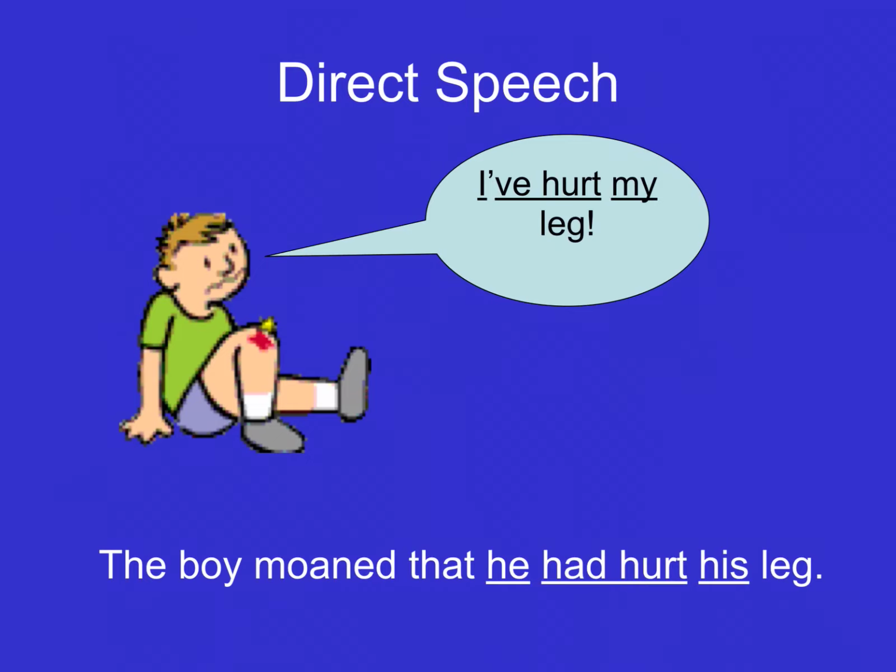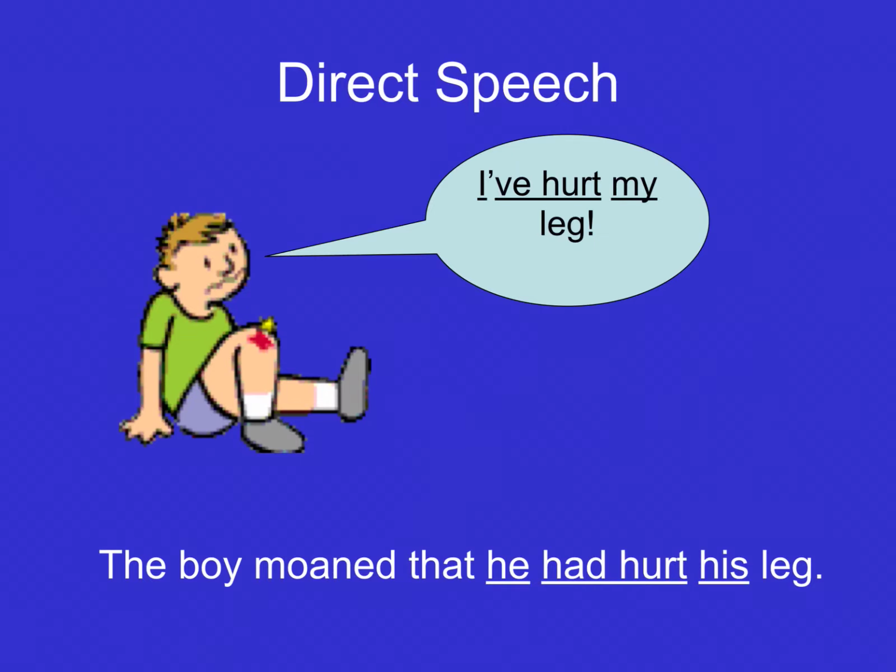But now, look, it's saying the boy moaned that. We have introduced a new word there, that. I have hurt changed to he had hurt, and my leg changed to his leg. If you look carefully, you can see the differences that are coming up there.